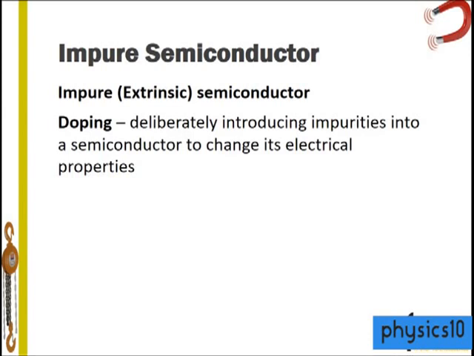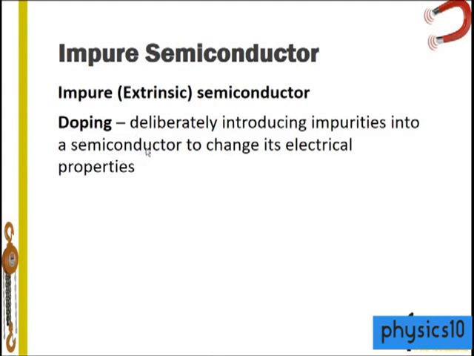Now let's have a look at impure semiconductors. How do we make a pure semiconductor like silicon into an impure semiconductor? Well, the answer is by a technique called doping.